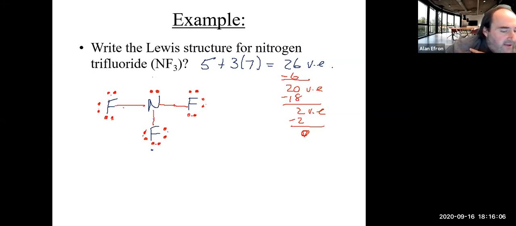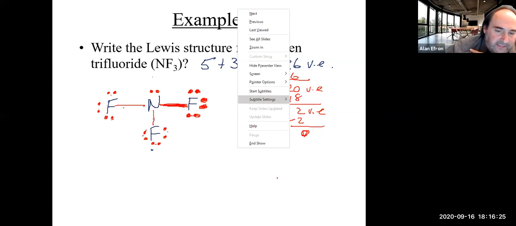I want to make sure everybody has 8 electrons around it. And in this case, everybody has 8. Each of the fluorines is the same. So that is 2 right there. I'll just darken it. That is 4. That is 6. And that is 8. So all the fluorines are exactly the same. They all have 8 electrons around them.